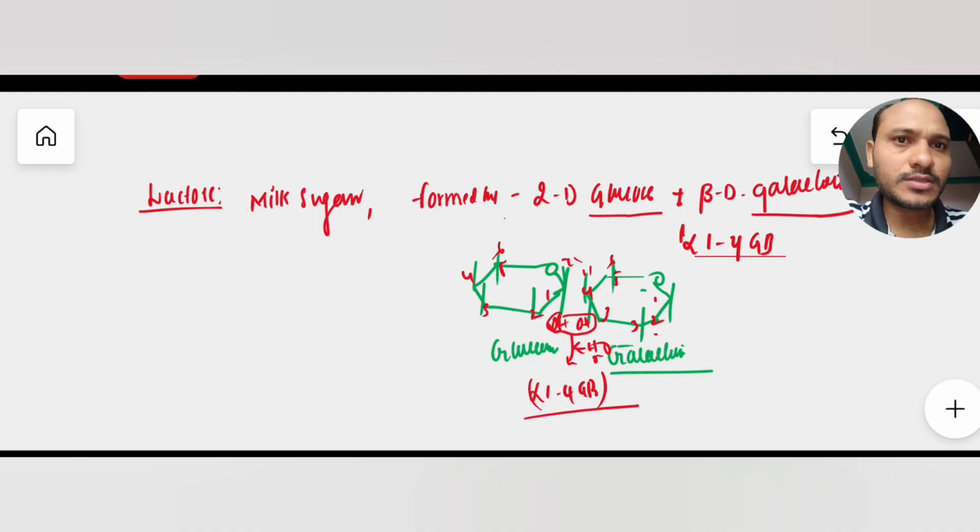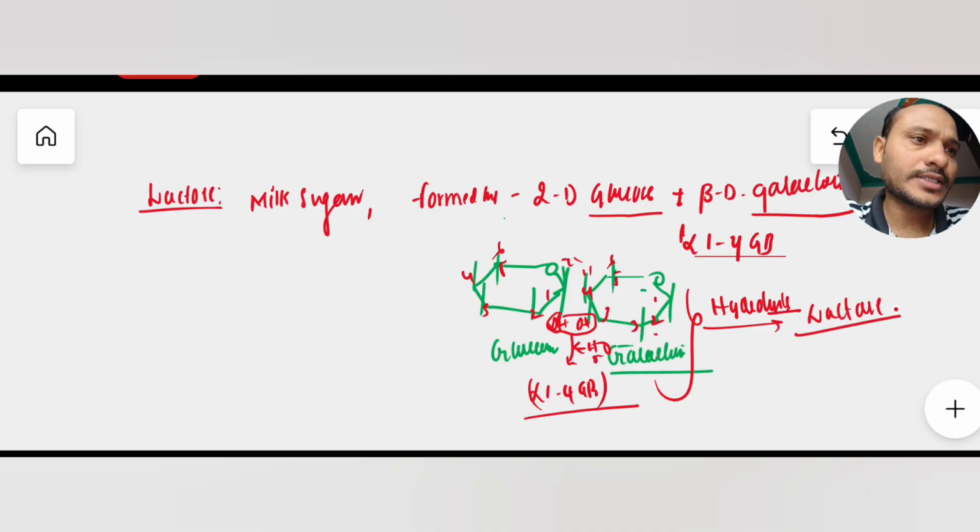Okay. So like that lactose will be formed. If you want to hydrolyze this lactose, we need one enzyme. That enzyme is called lactase enzyme. So lactase enzyme is essential for hydrolysis of this lactose.